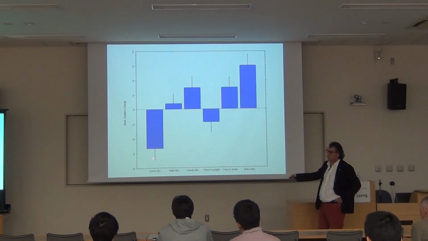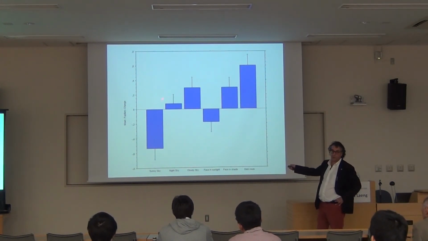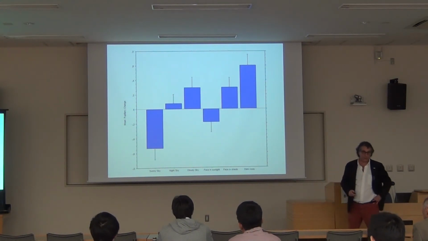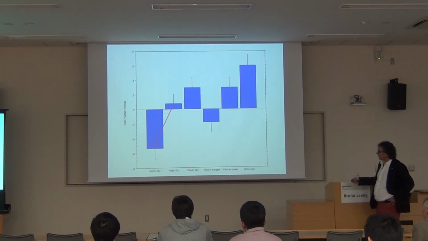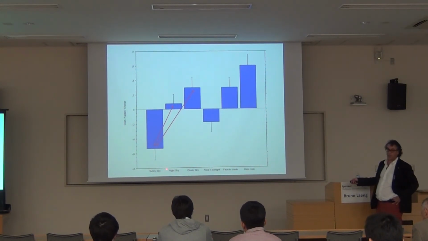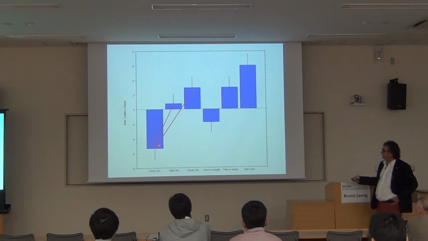These are confidence intervals. So many of these comparisons are significantly different from one another. In fact, what causes the largest constriction is thinking about the sunny sky. Remember, everyone is in a laboratory looking at the gray screen at all times, okay? And this is a significant constriction.